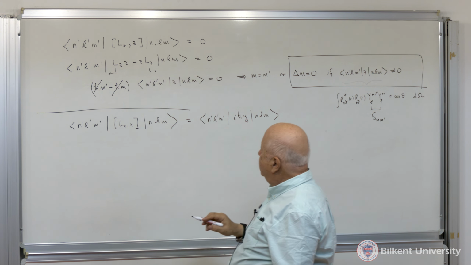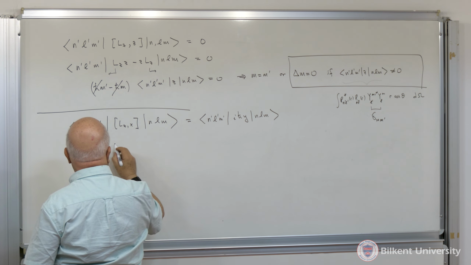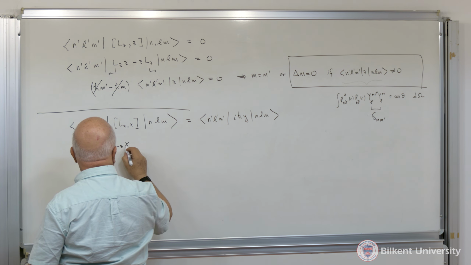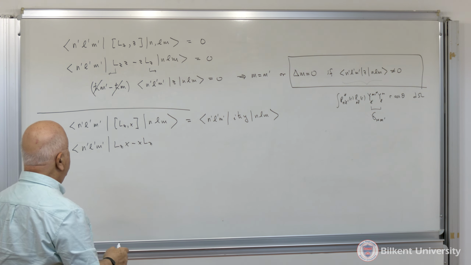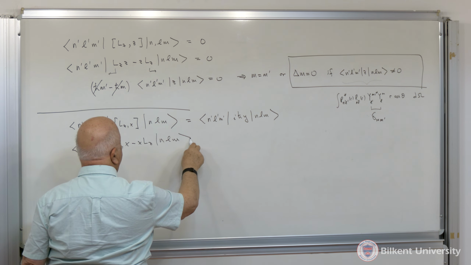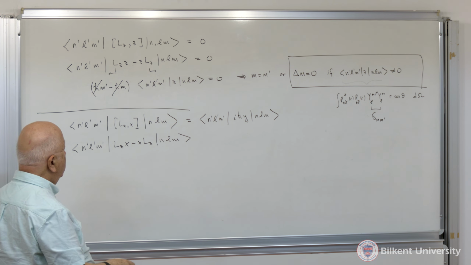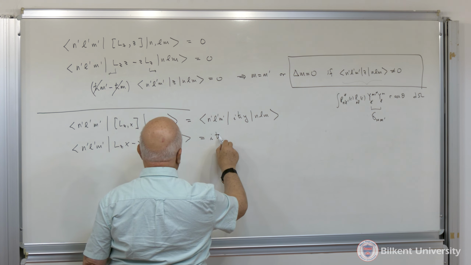But the left hand side is going to be, again, I just use the same trick, <n' l' m'| (L_z X - X L_z) |n l m>.